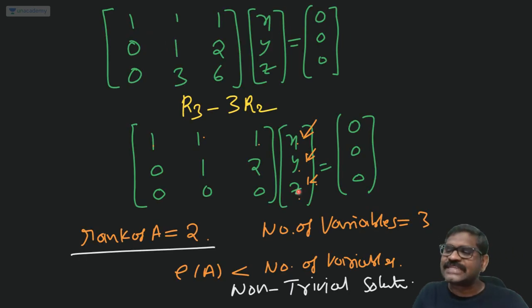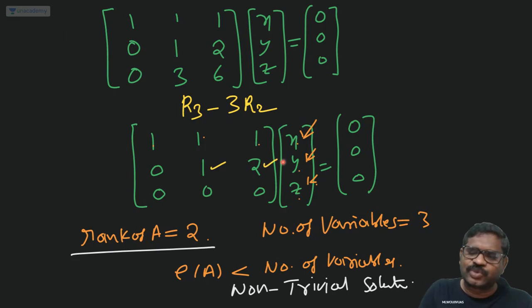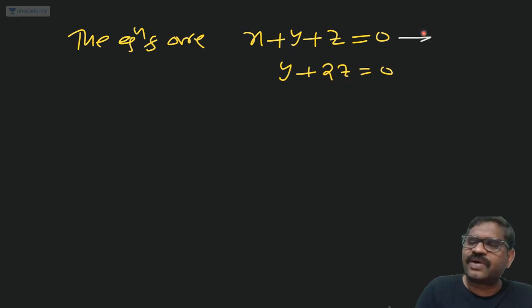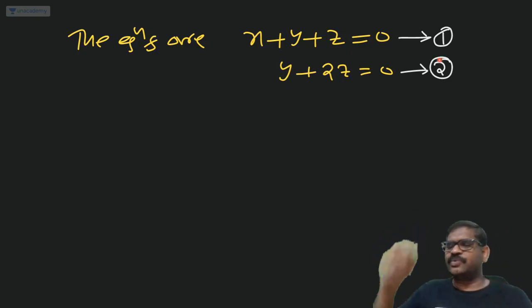Next, the second row gives us y plus 2z equal to 0. Call it 1, call it 2.